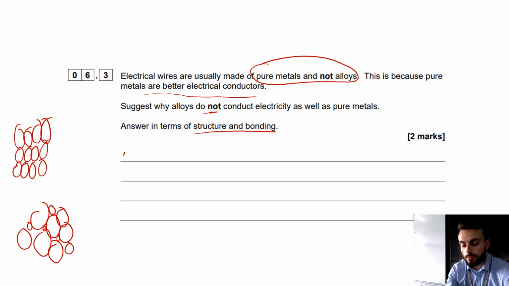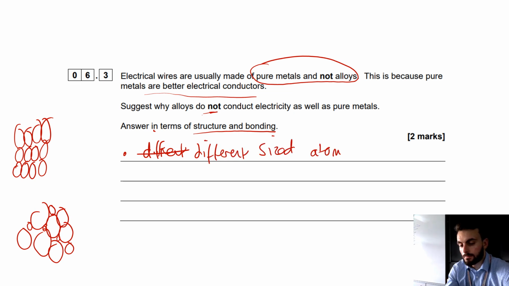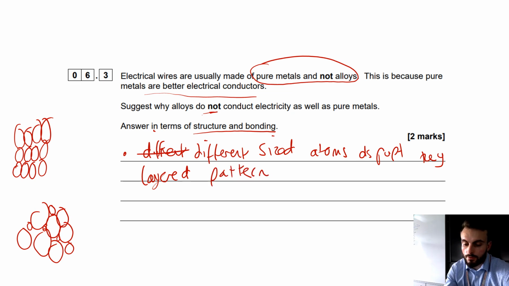So the first thing we can put for this is, we've got different sized atoms that disrupt the layered pattern. So that's our first mark. It's two possible marks, so what else can we say? Well, we're on about conducting electricity, so we need to be talking about electrons.